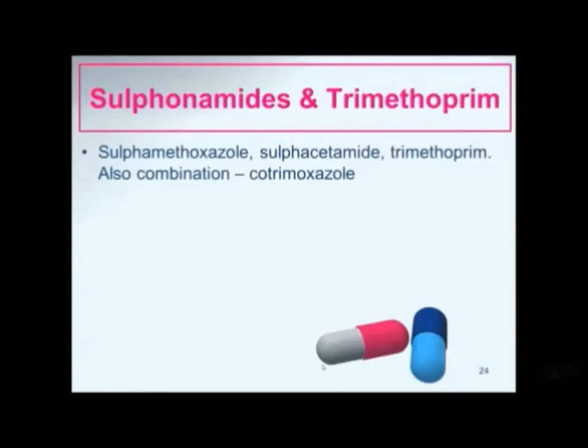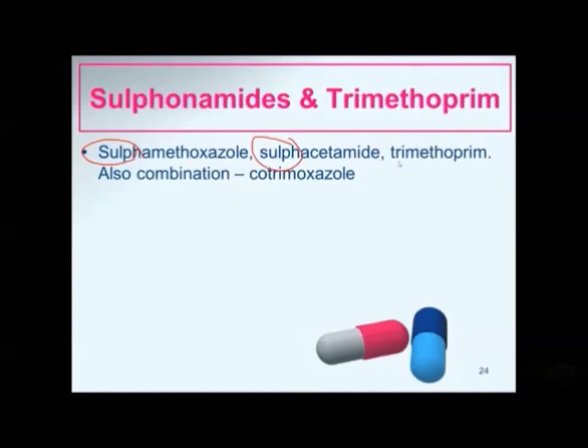The sulfonamides. The sulfonamides, you can tell, all have the sulfur in their names. Sometimes, depending on which kind of text you're looking at, it may be sulf as in ph in the British spelling, or it may be SULF, but it's the same thing. So if it's got sulfur in, it's a sulfonamide.